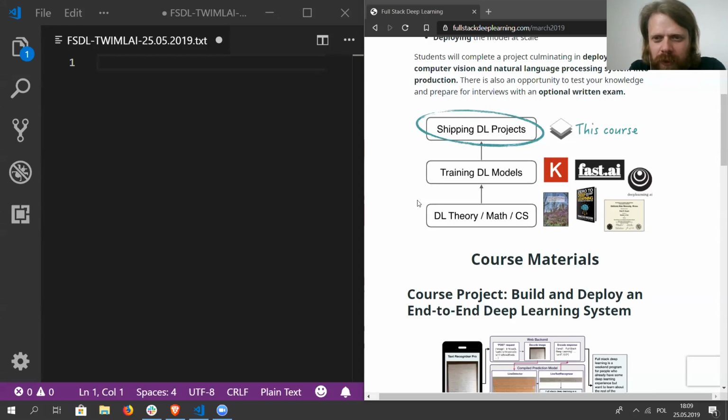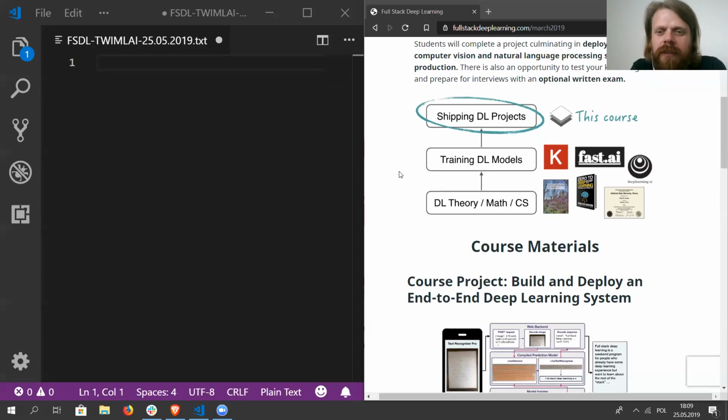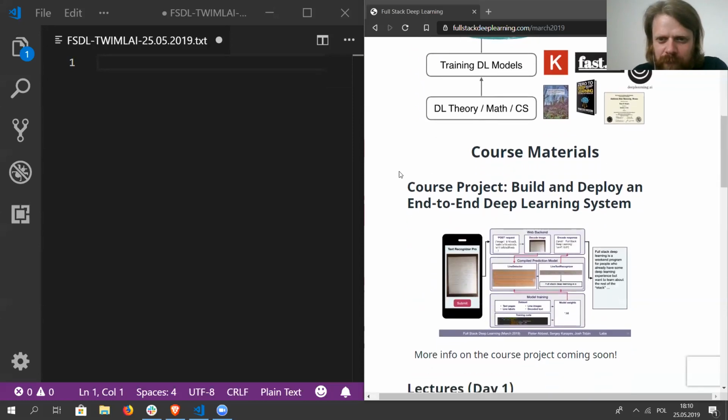But this course, full stack deep learning, supposedly goes through the full spectrum of what deep learning projects should contain. So it's from data management, model training, model validation, and deployment. That's what we're hopefully going to learn.